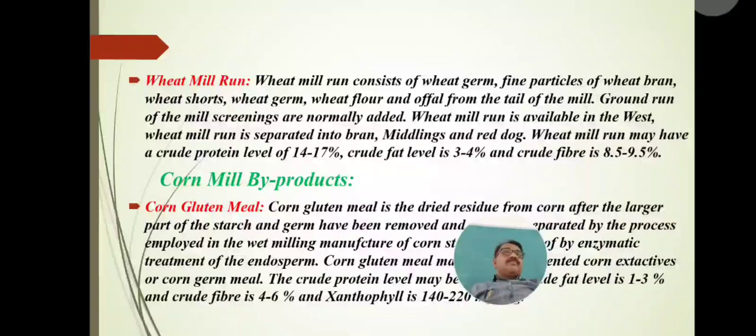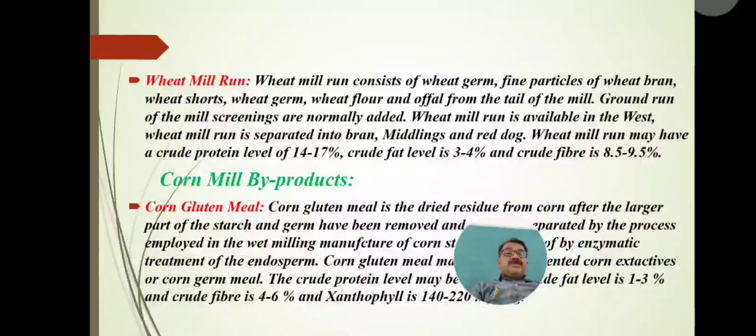That ingredient is called wheat mill run. This ingredient is produced from the feed processing industry, the feed processing mill. Wheat mill run chiefly consists of fine particles of germ, particles of wheat bran, wheat shorts, wheat germ, wheat flour and waste material from the feed processing mill.